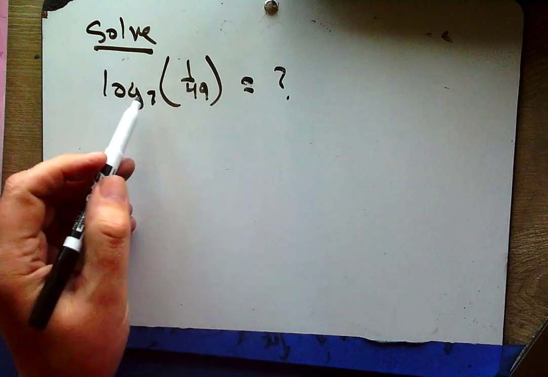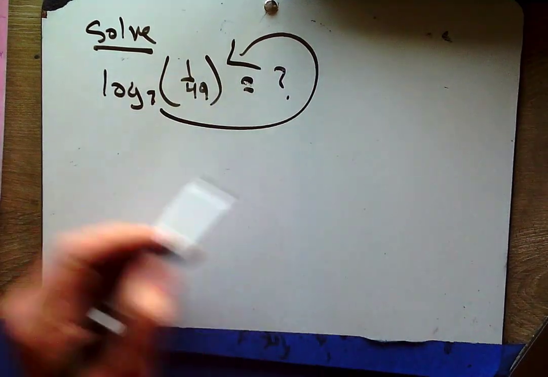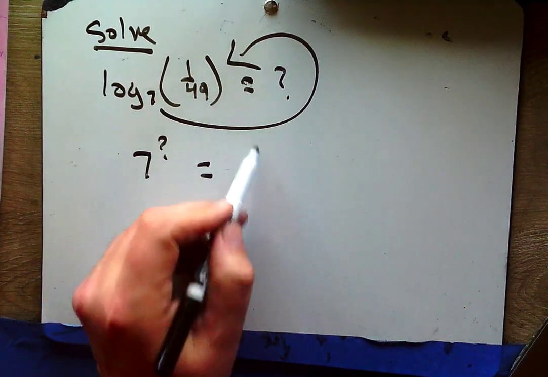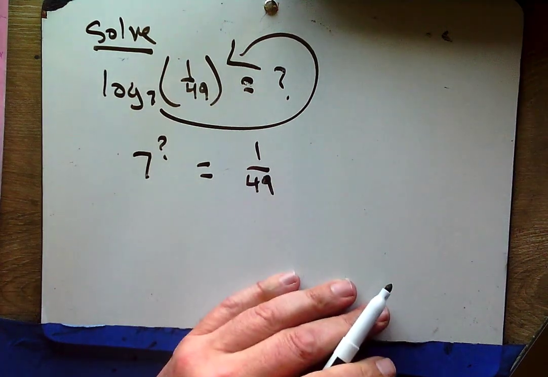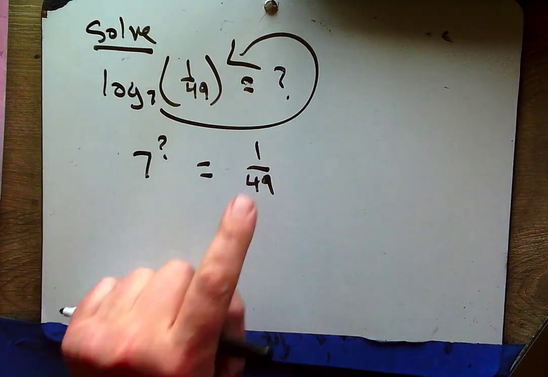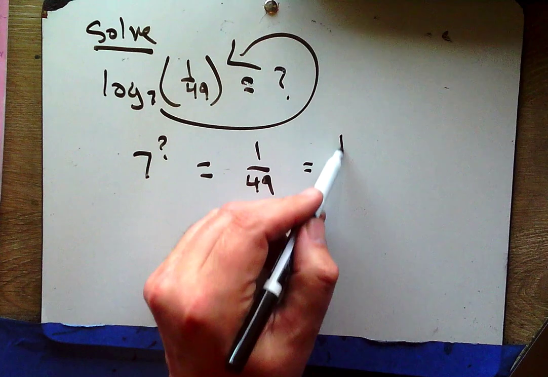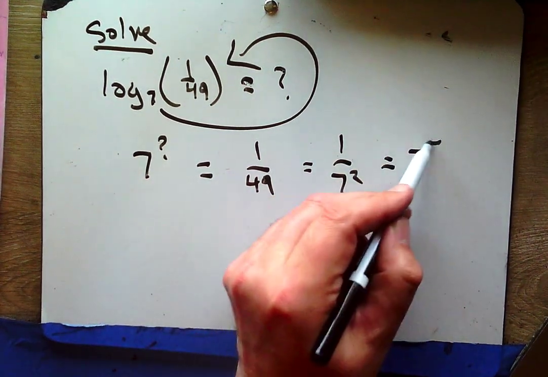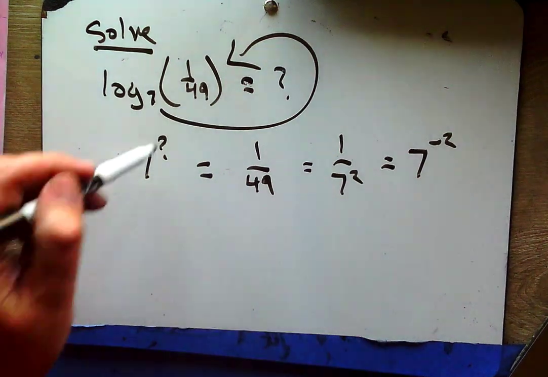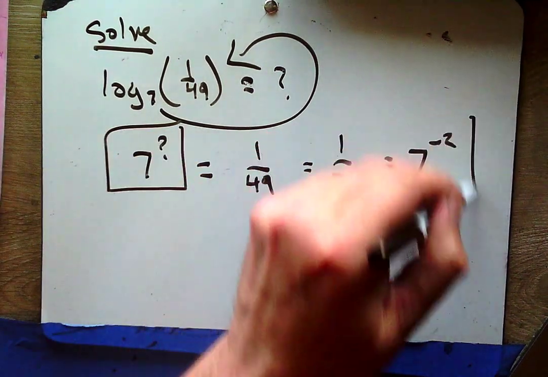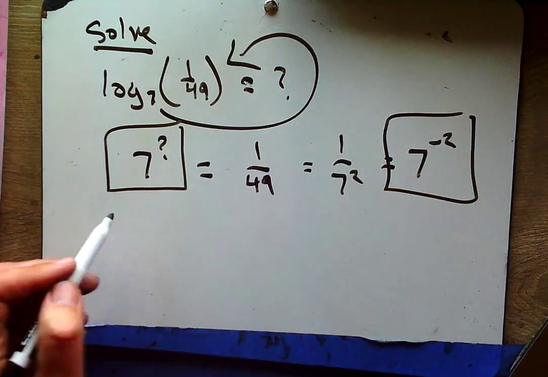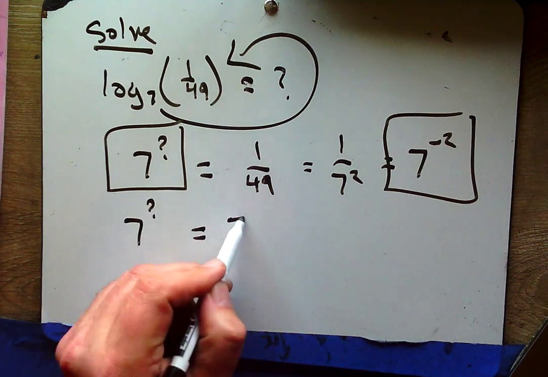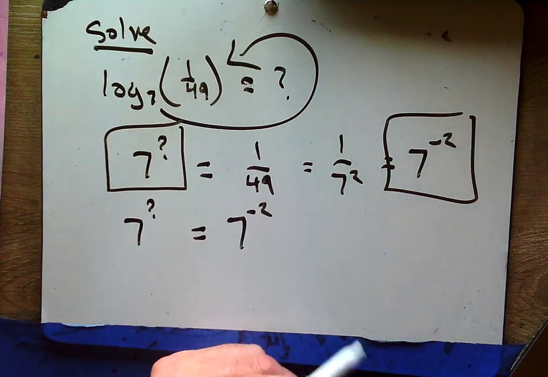Well, I'm going to do scorpion tail here and say 7 to the question mark equals 1 over 49. Funny thing about 1 over 49, it's 1 over 7 squared, or 7 to the negative 2, which means this is equal to that. 7 to the question mark equals 7 to the negative 2.